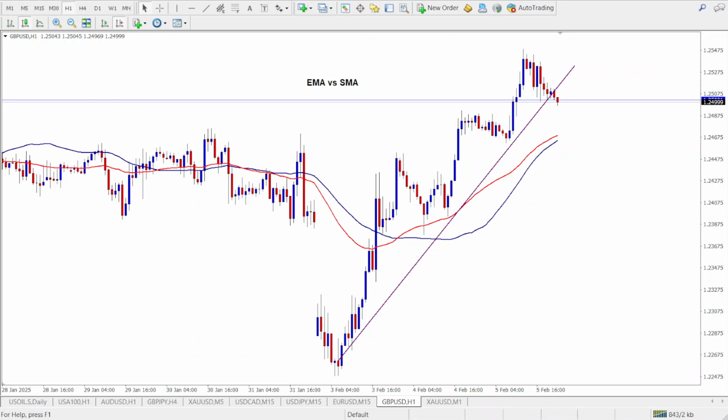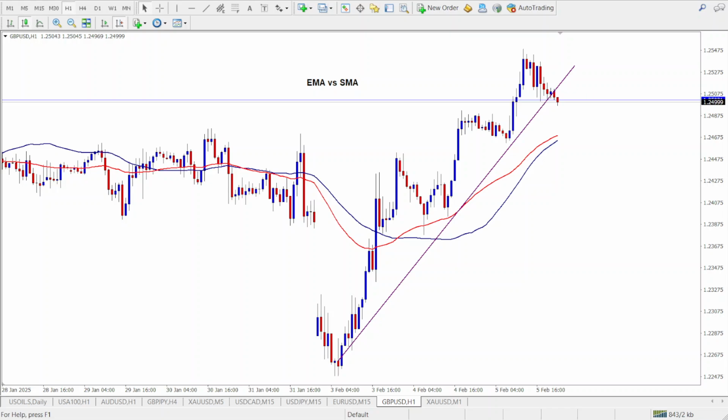So now the big question, which one is better, the EMA or the SMA? The answer depends on your trading style. If you prefer long-term trend following strategies, you might want to go with the SMA, because it keeps your trading smooth and avoids reacting to every little price move.